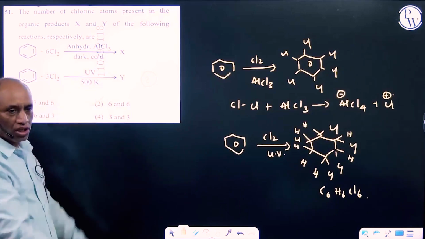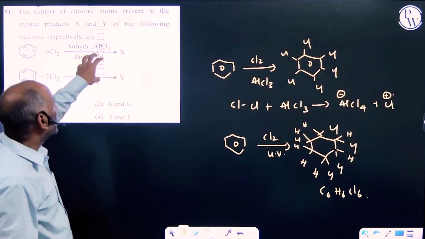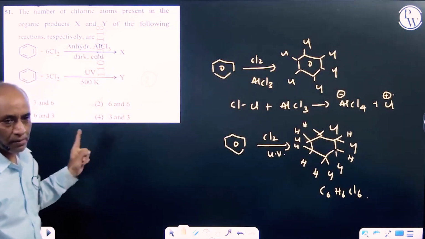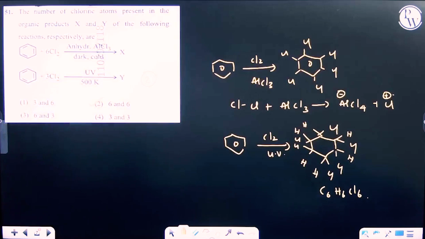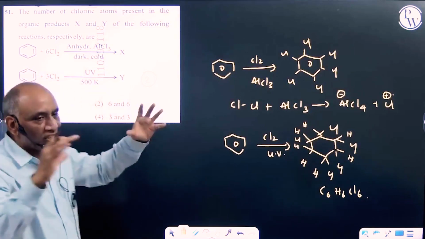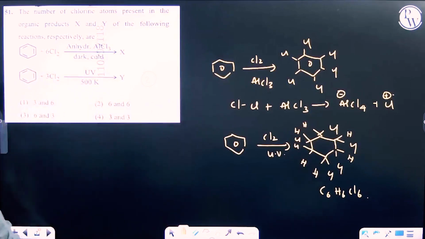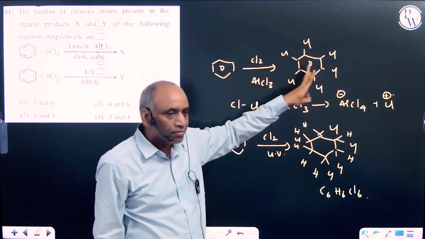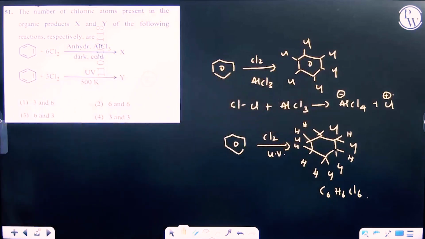But here they want to test you only on this: AlCl3 will facilitate the reaction to be driven in an electrophilic manner. You may think chlorine is an ortho-para director again, and because of that some of you may think of option 3, but the answer is 6.